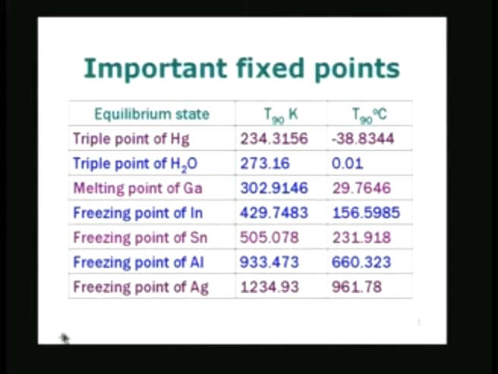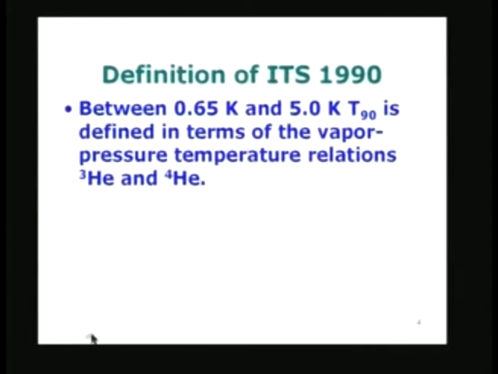So, if you look at the fixed points we have, there are several fixed points covering the range from the lowest temperature to the highest possible, and in fact there are temperatures higher than this which we have not included here. We will come to that in a little while. So, the ITS 1990 is a modification of IPTS 1968, the International Practical Temperature Scale of 1968.